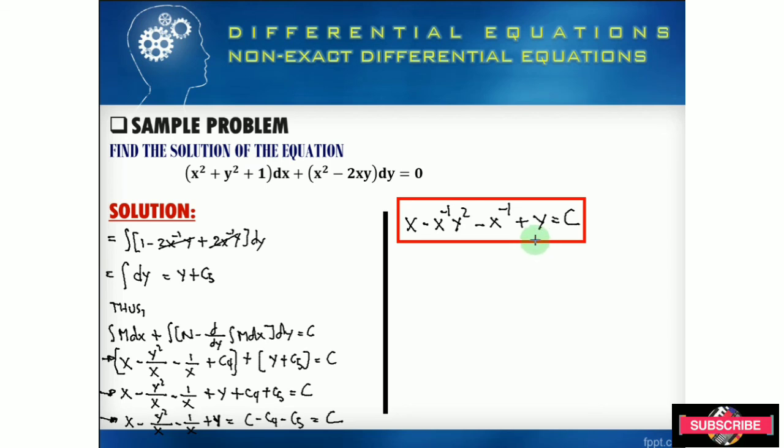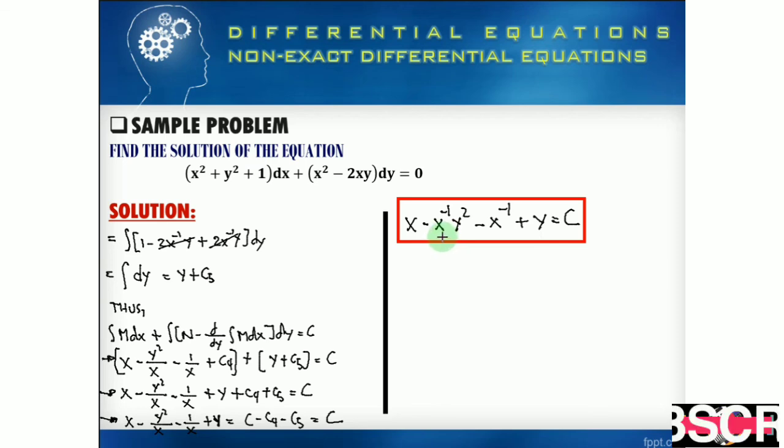So I think that would be it for this day regarding finding the solution of a given non-exact differential equation. And as I told you, I want to present to you the direct solution, and this time I've given you the answer using the direct solution.